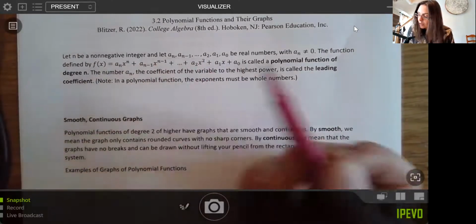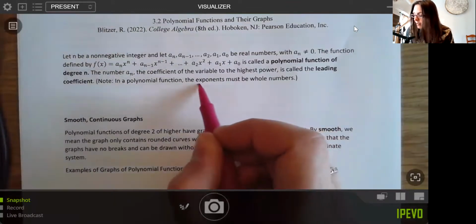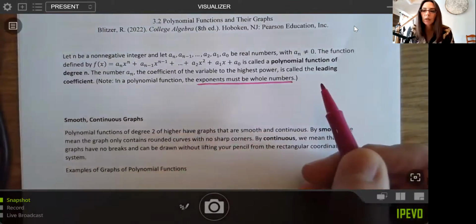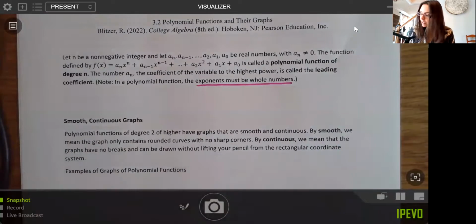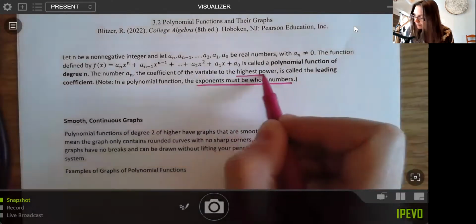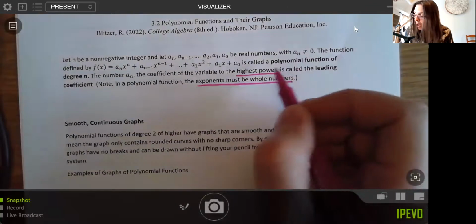And then these would all be powers. And what you want to note here is that for your powers in a polynomial function, the exponents actually must be whole numbers. So for our exponents, we're not looking at any fractional exponents or any negative exponents here. The other thing you want to know is that in a polynomial function, the highest power tells us actually a lot of information.